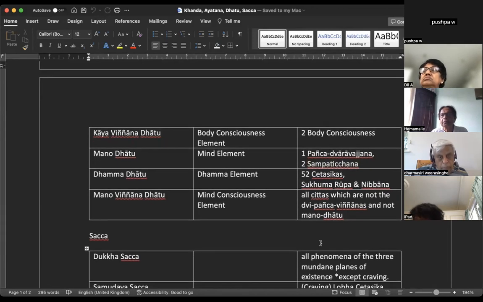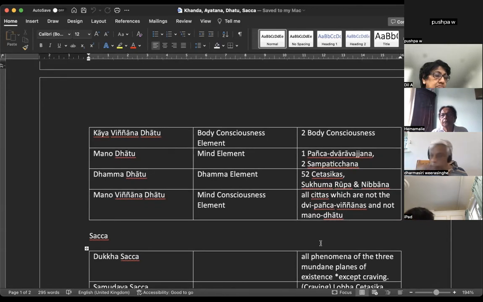So Dhamma Dhatu, right. The 52 Chetasikas, the Sukhuma Rupas and Nibbana, they arise taking concept as object. Now when we take Sukhuma Rupa, it is a concept.